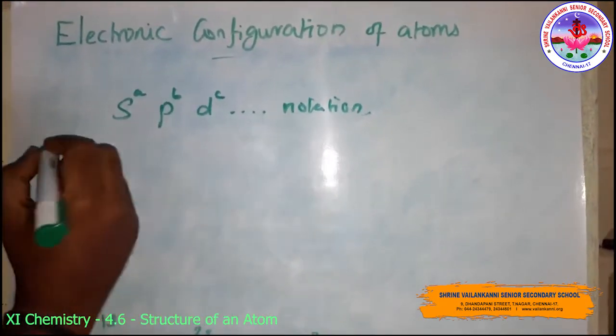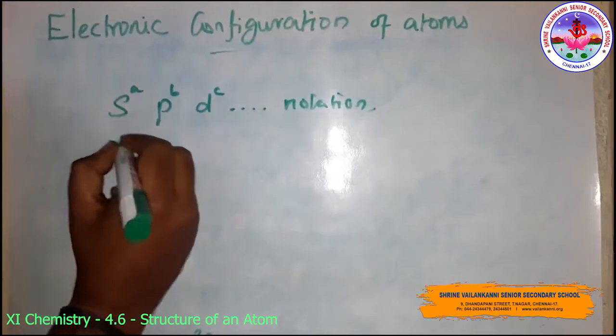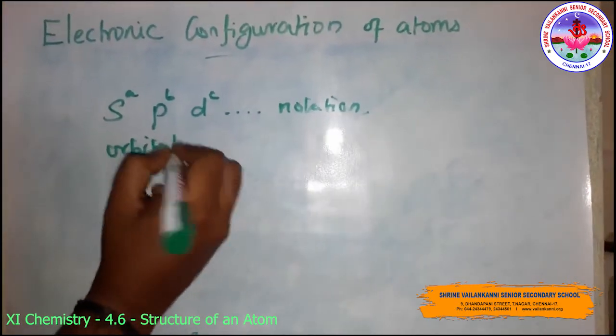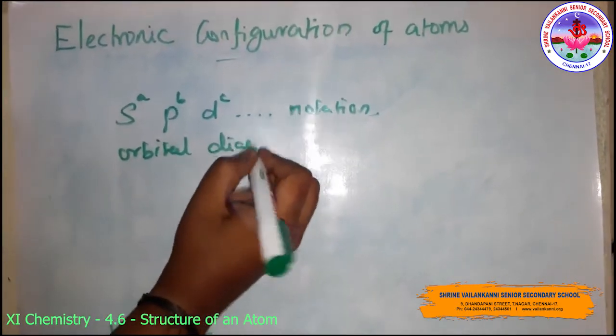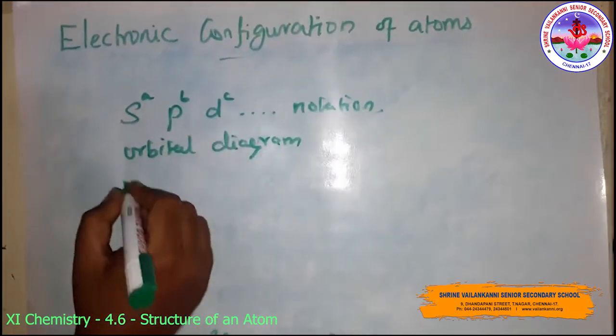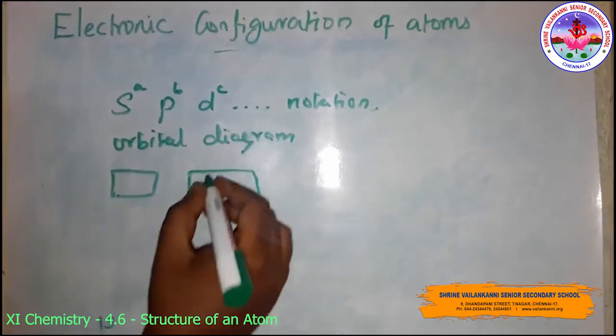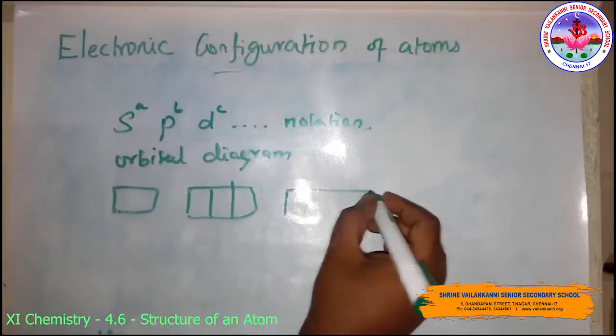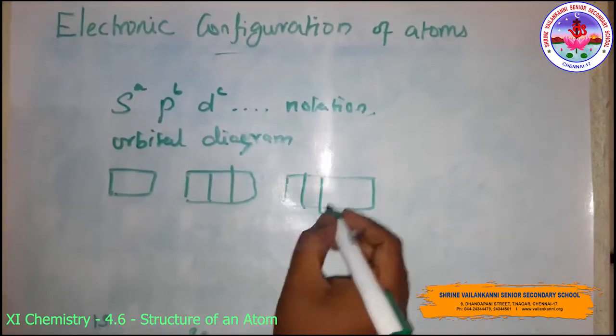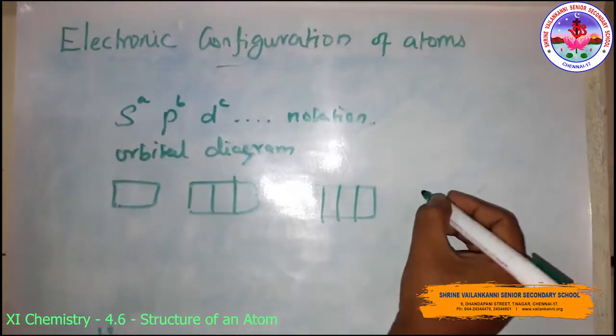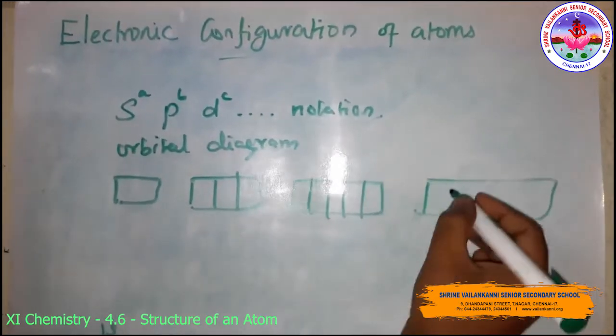Then the orbital diagram. In the orbital diagram: s orbital 1 box, p orbital 3 boxes, d orbital 5 boxes, f orbital 7 boxes, like this.